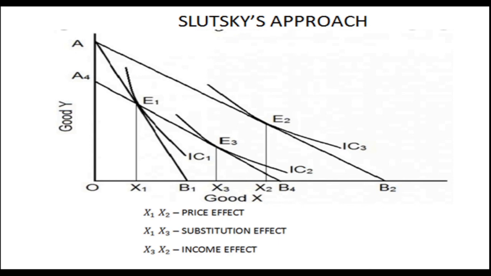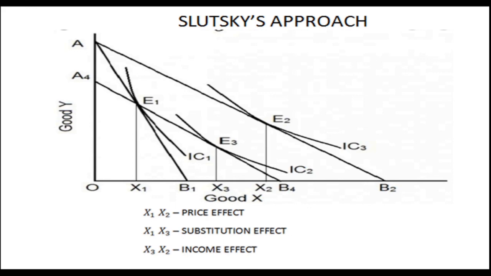Here it should be noted that we are saying that Slutsky suggested the withdrawal of money from the total income of the consumer in such a way that the consumer will not only get back to the original indifference curve but also to the original equilibrium point.